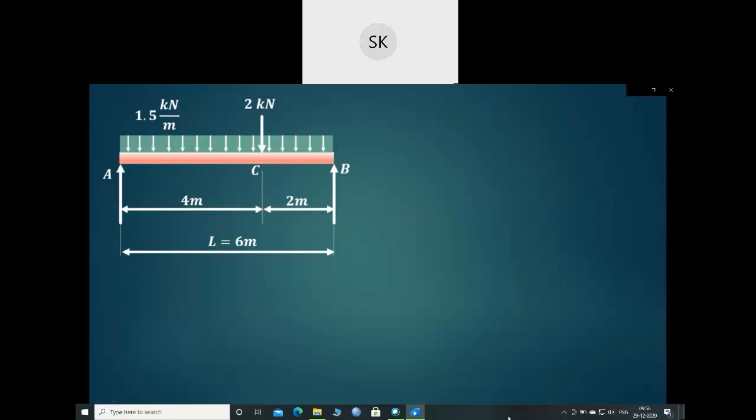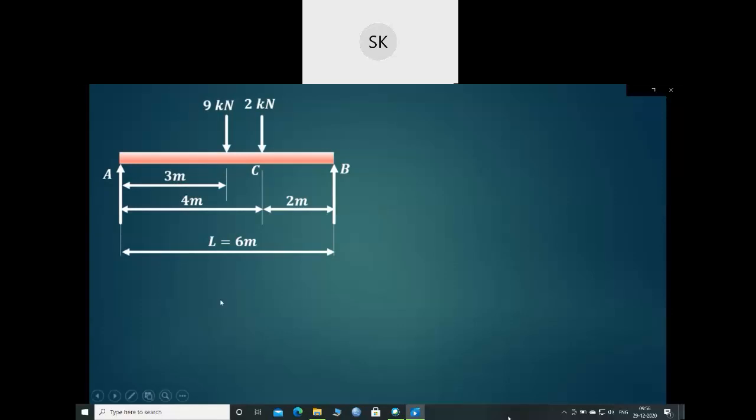And as it is a rectangular distribution, that 9 kilonewton load will act at the center, at a distance of 3 meter, that is half of the 6 meter length, as shown over here.